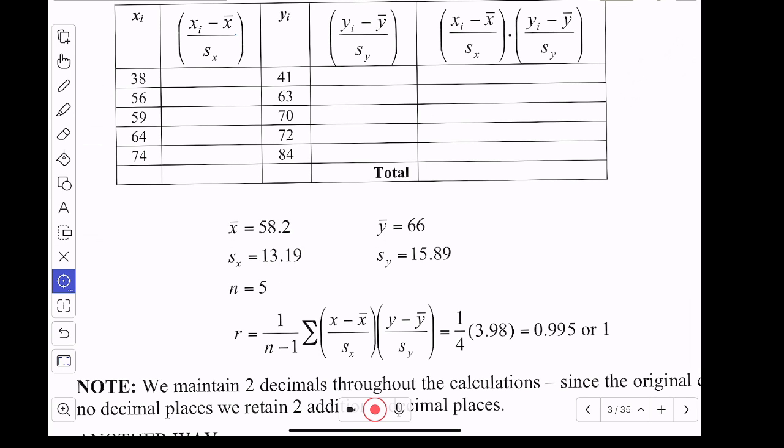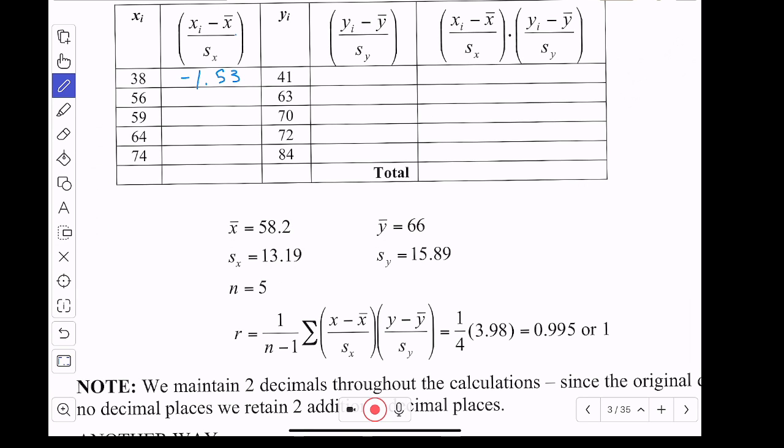So let's do this. Let's get the standardized value. To get that, I'm going to take 38 minus 58.2 divided by 13.19. So that's what I'm going to put in here. And I get this value, negative 1.53. I'll just use 2 decimal places.